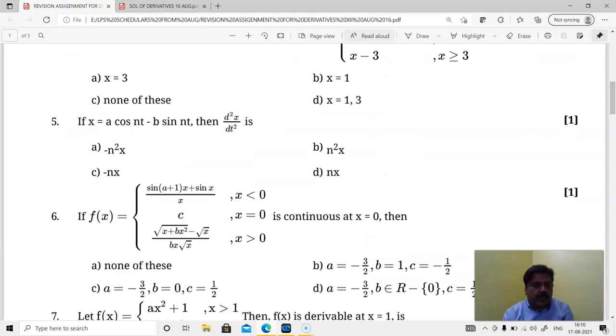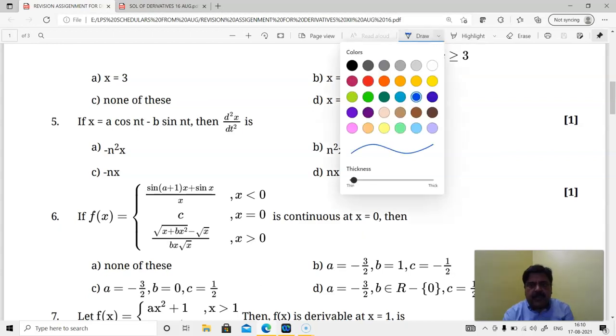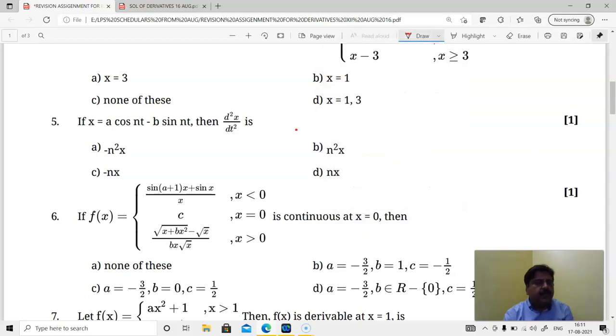Now we were here at this question, and this question is again of the type second order derivative, and in second order derivative you have to see that the sine function as well as the cos function are going to repeat themselves.